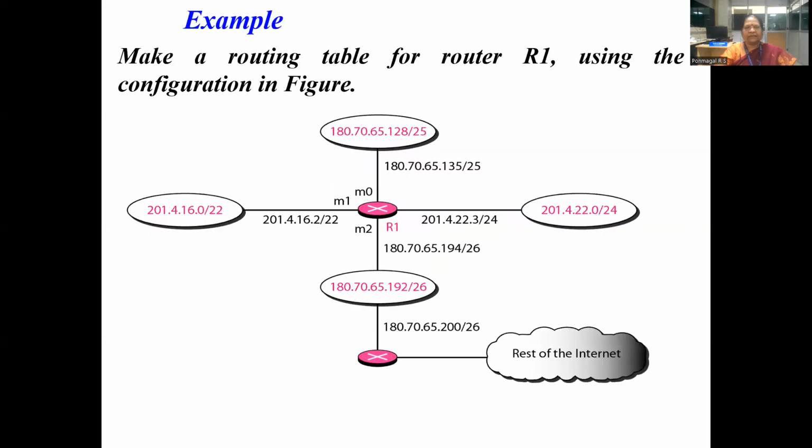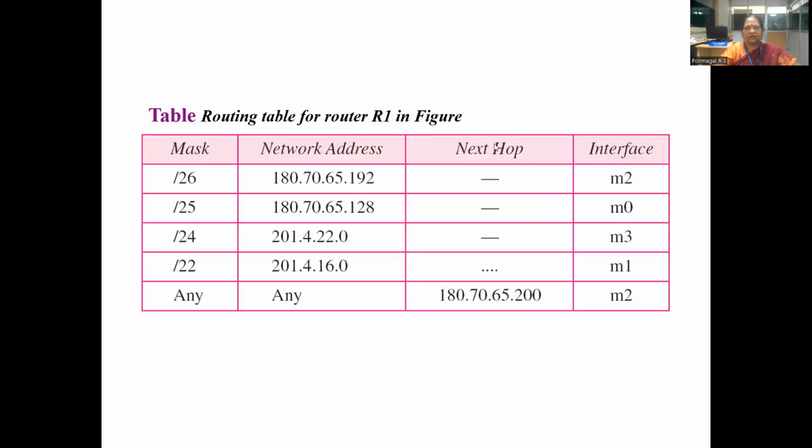Consider an example. Make a routing table for router R1 using the configuration in this figure. Router R1 has 4 interfaces, M0, M1, M2, and M3. For this network, how can we build the routing table? This is the routing table for router R1 in the figure.